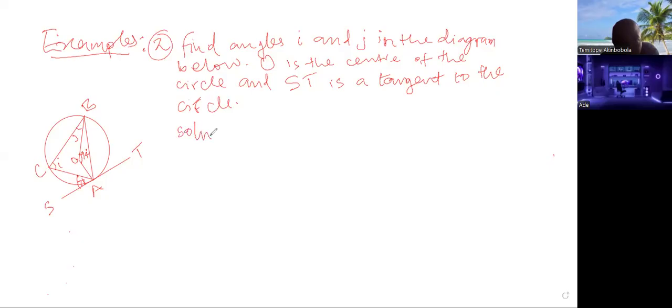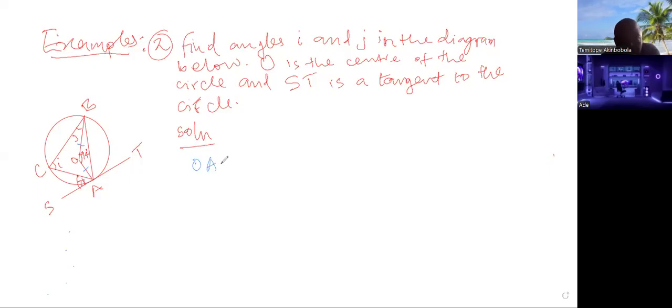Solution. I will call your attention to something here now, and that's why I put the additional information here that O is the center of the circle. So if O is the center of the circle, a line from the center to any point on the circumference is radius. So that means OA and OB are radii.